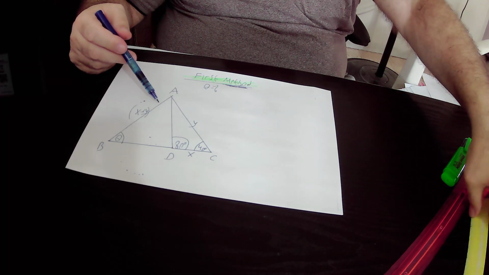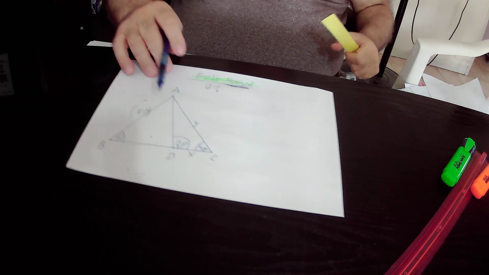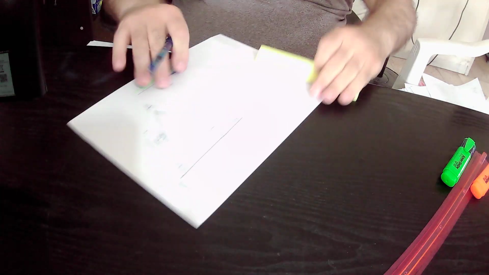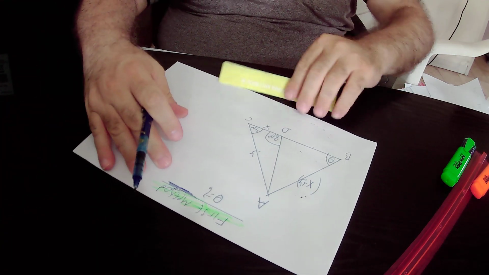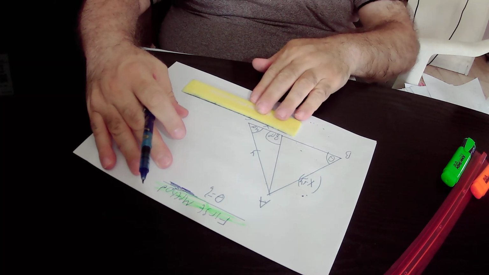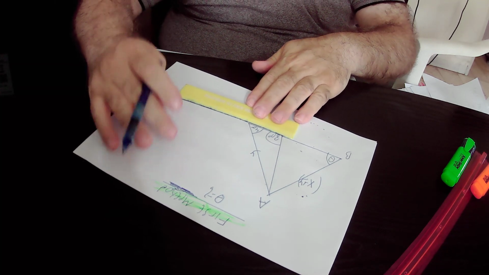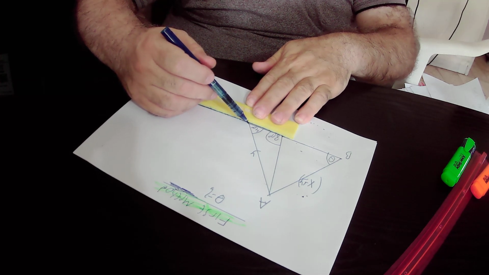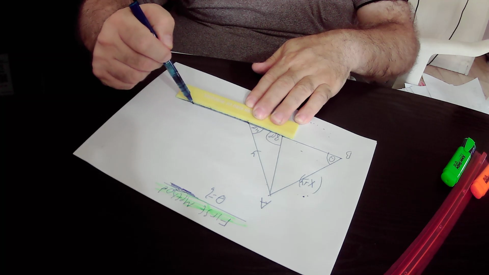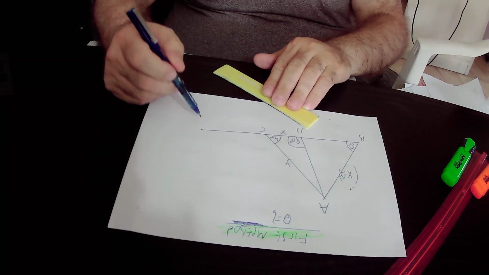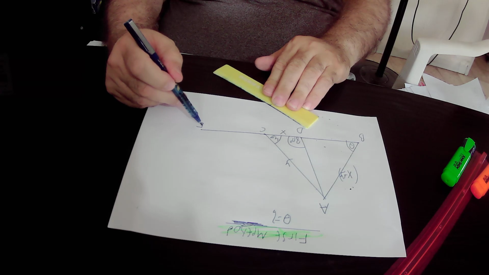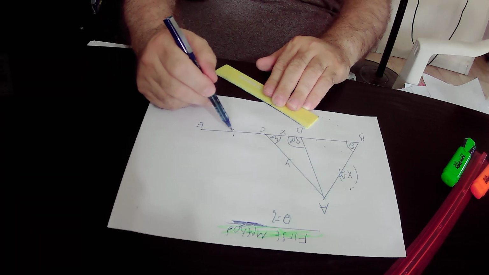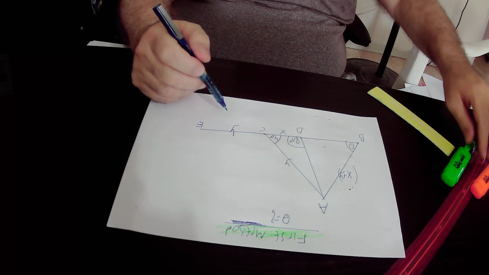Okay, so we start with the first method. In the first method, we will do a construction. We will extend side BC by y units. Here we define this point E. So the length of line segment CE equals y units according to our construction.